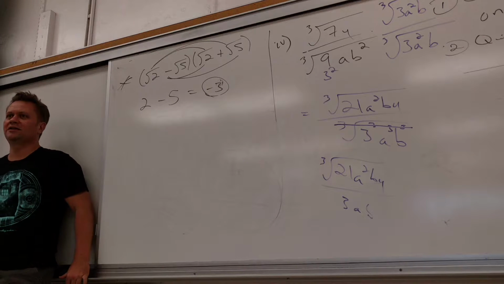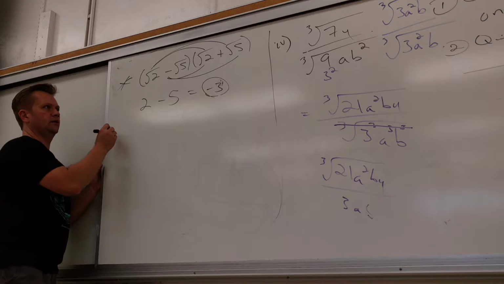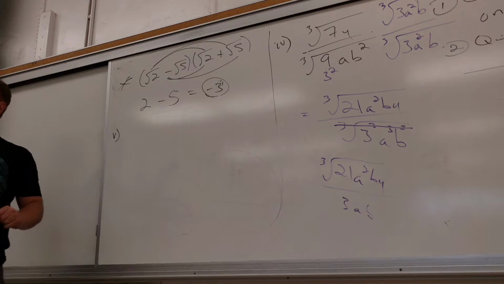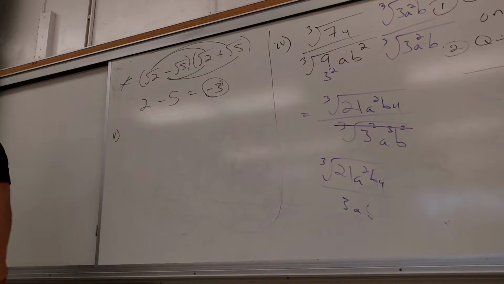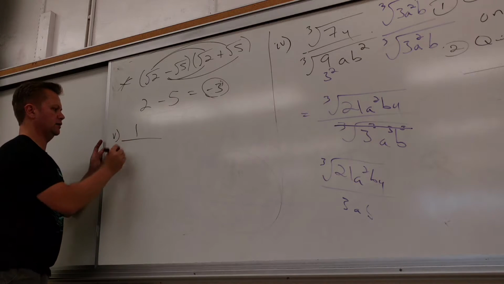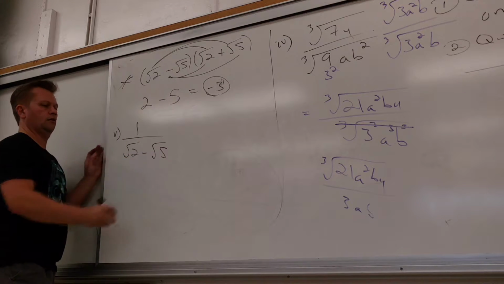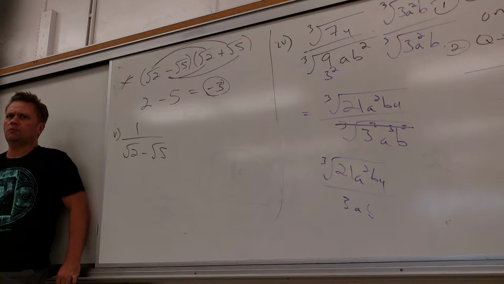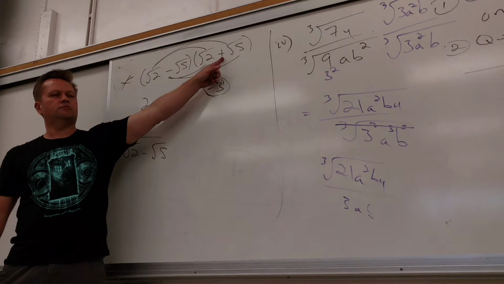But so, keeping with the idea that rationalizing the denominator means making the radicals go away, if I have this, how do I make the bottom not irrational anymore? Multiply it by that.